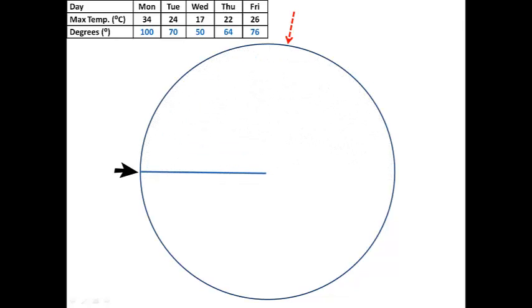You remove your protractor and then draw a straight line from the center of the circle to the red point. The slice of the pie that you have just completed belongs to Monday.